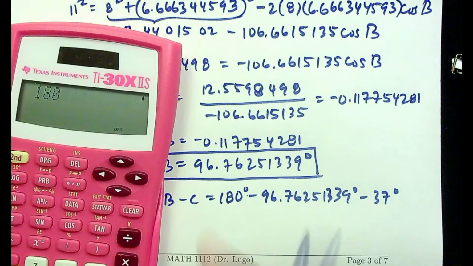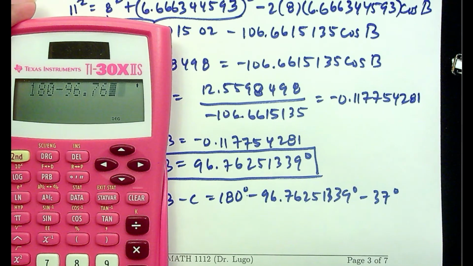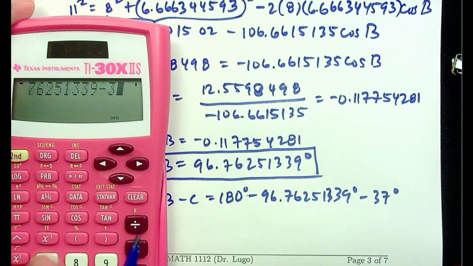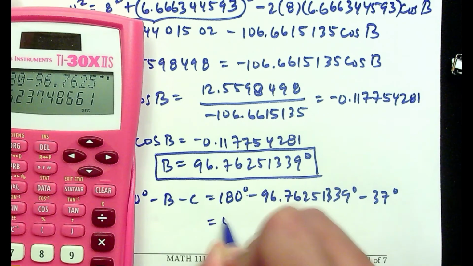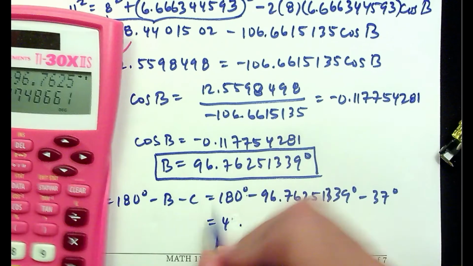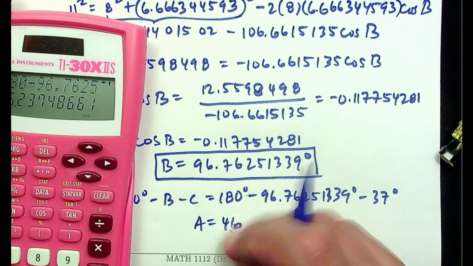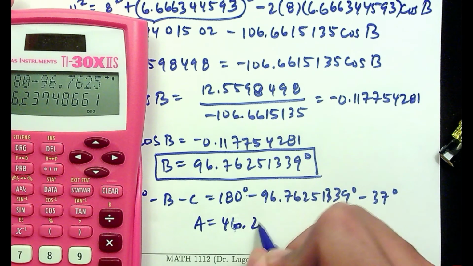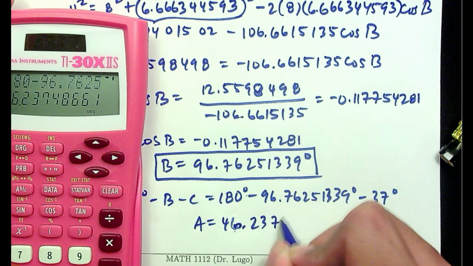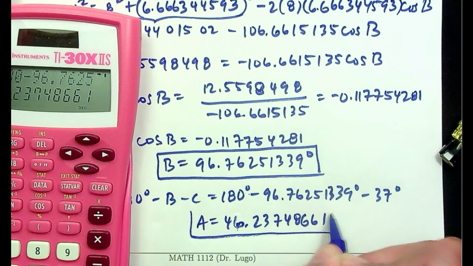Okay, so 180 minus 96.76251339 minus 37 equals 46.2374866 degrees.